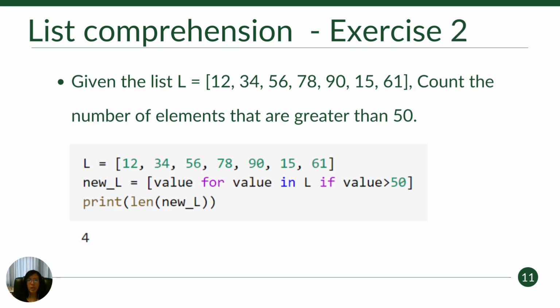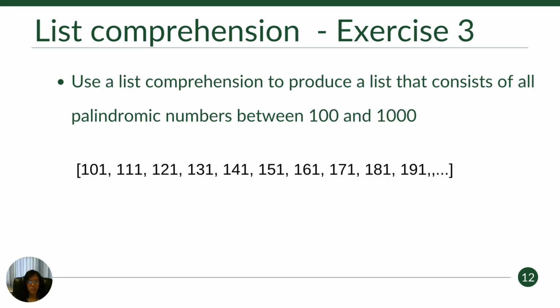And next exercise: you are given a list and you need to count the number of elements that are greater than 5. I encourage you to do the exercise without looking at the code. To encourage you all to do more exercises, I have given the questions here.